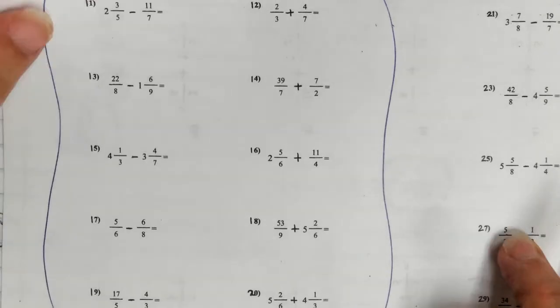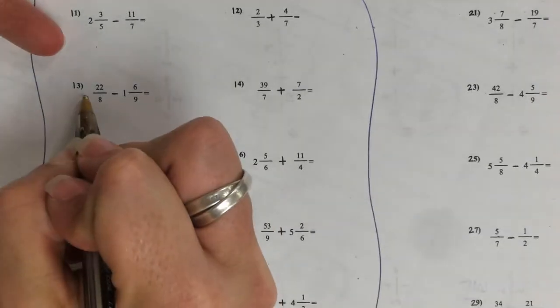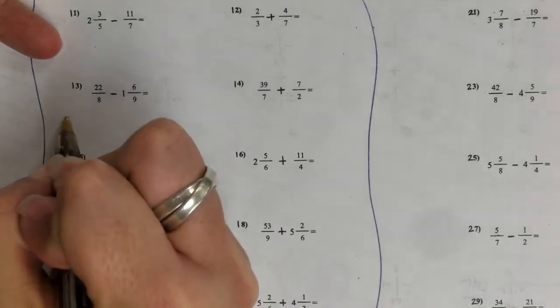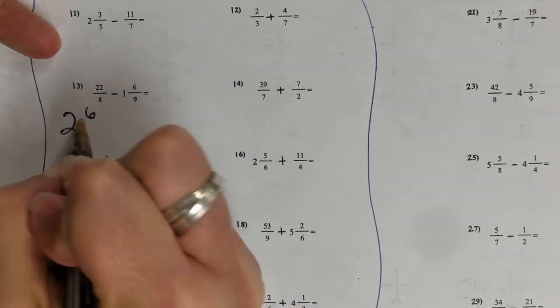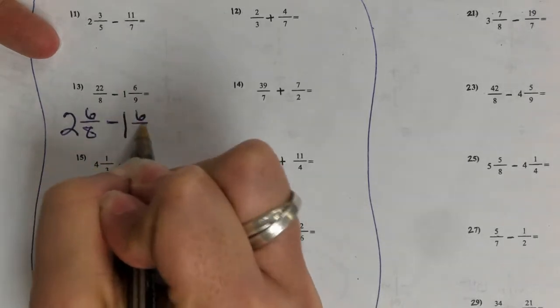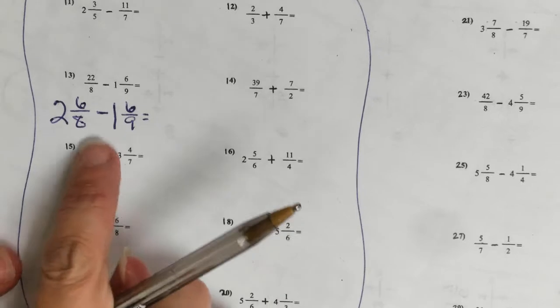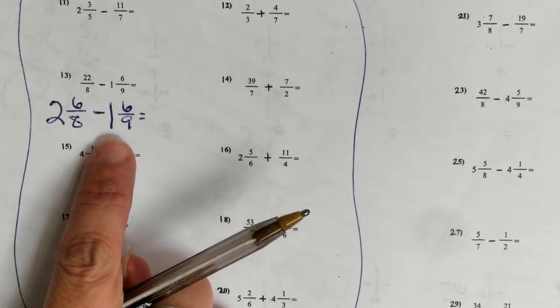Now, there is one that you may want to write down if I haven't already said it. This number 13. If you change it to 2 6/8 minus 1 6/9, your life will be a little bit easier. Okay, you might want to write that one down.